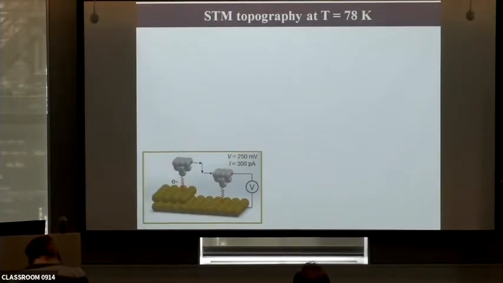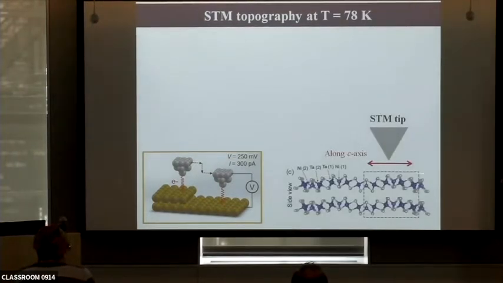So let me start. We used the surface-sensitive STM and STS to study the electronic structure. In order to get the STM topography, we set the bias voltage at 250 millivolts and the tunneling current at 300 picoamperes. This setting allows a constant height between the STM tip and the surface of the sample.